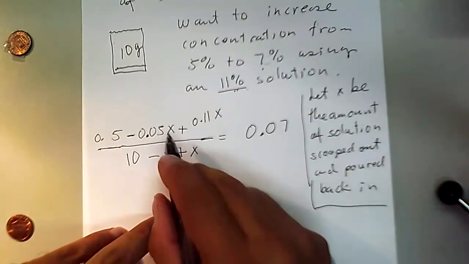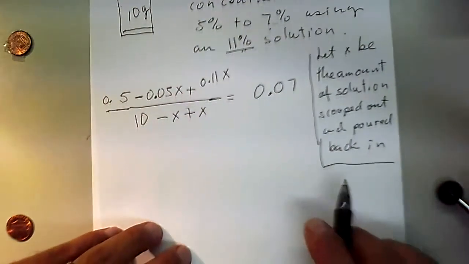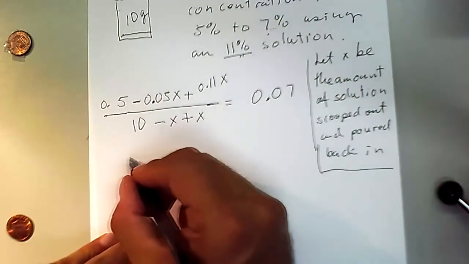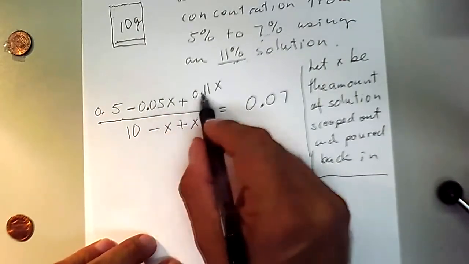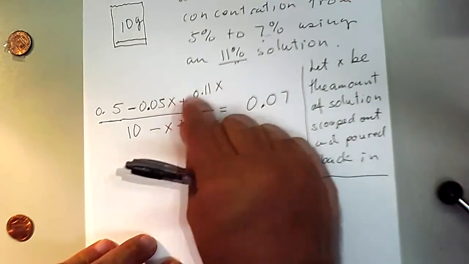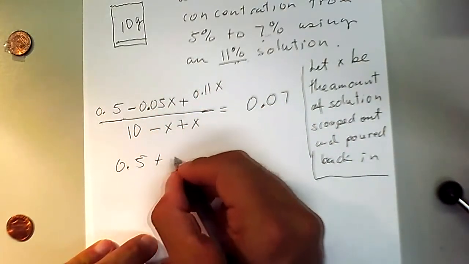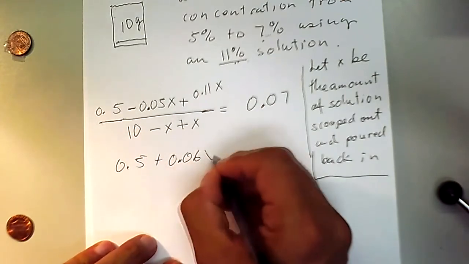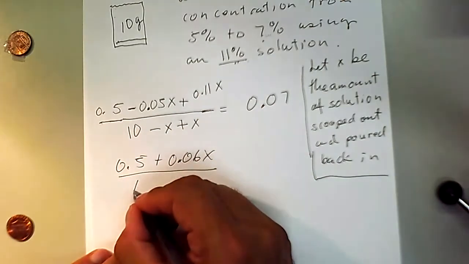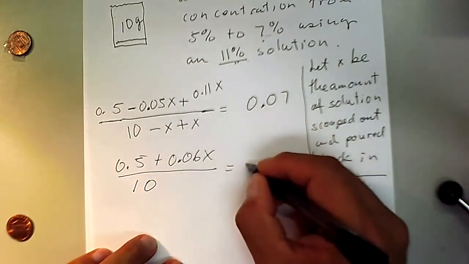All right, so it's the same amount because we want to end up with 10 gallons. All right, now let's just use a little bit of algebra. 11 minus 5 is 6. So combining those two terms, we really have 0.5 plus 0.06x. And then just 10 in the denominator, because the two x's cancel off.